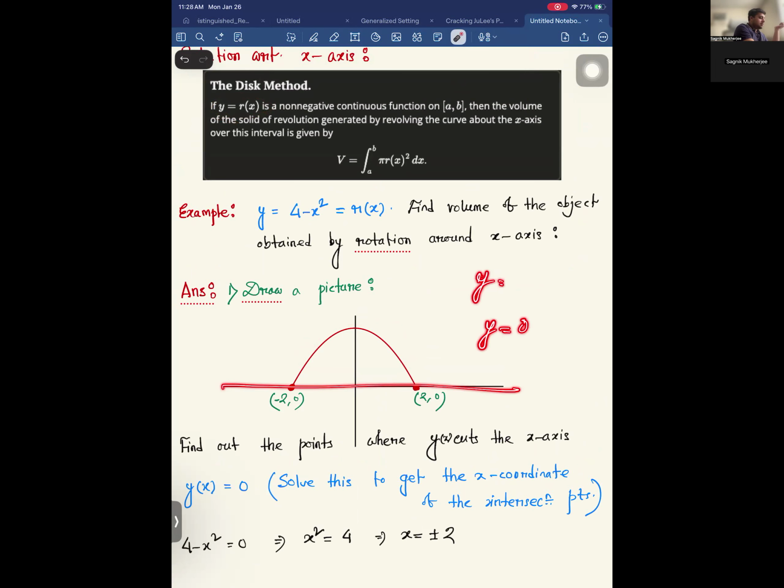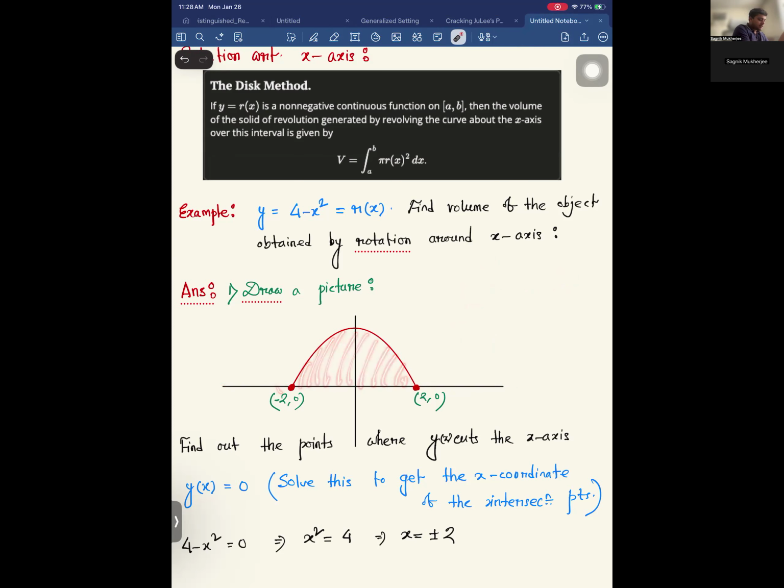So essentially, you are considering the region that is created by the intersection of these two curves and then rotating that around the x-axis. Make sure you wrap your head around what I'm trying to say here. So if you look at this region, this is the region we have rotated around the x-axis, right? And how did you get this region?